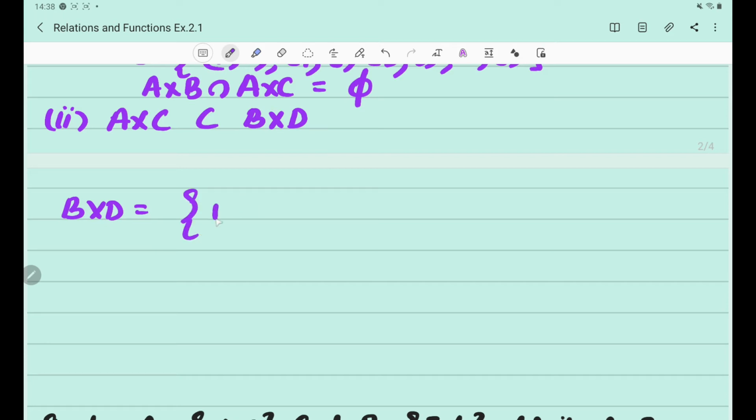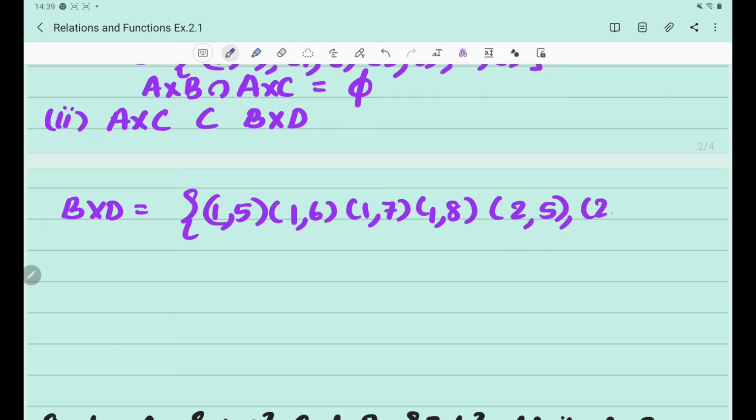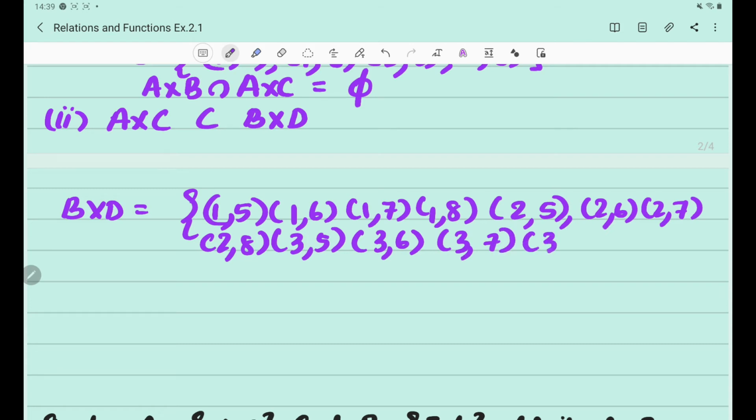So what are the elements? (1,5), (1,6), (1,7), (1,8), again (2,5), (2,6), (2,7), (2,8), next (3,5), (3,6), (3,7), (3,8), and next (4,5), (4,6), (4,7), (4,8).